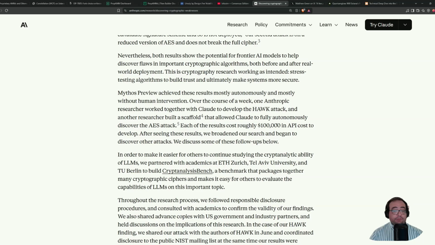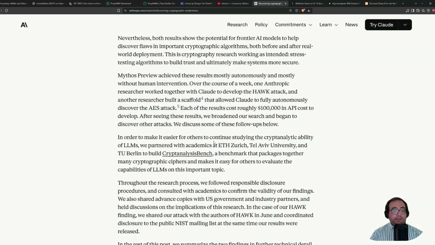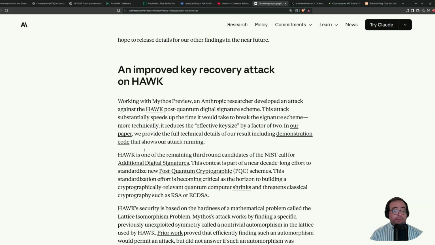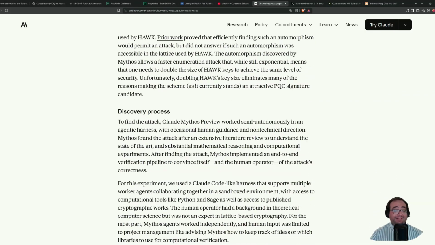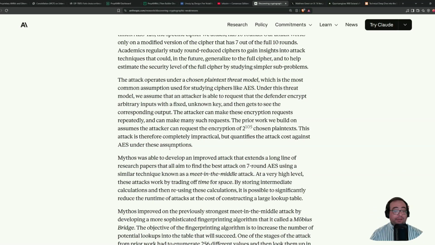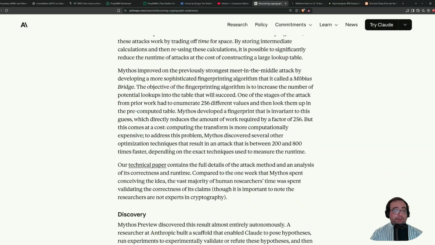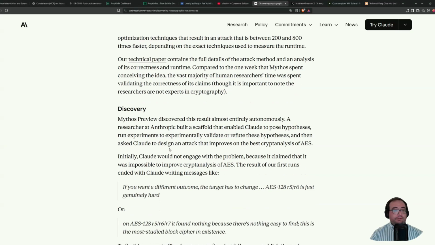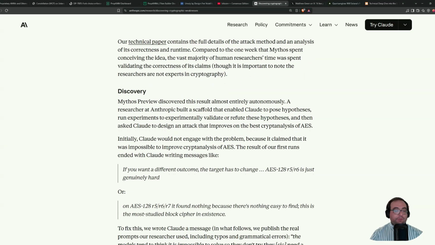So $100,000 in API cost, and all the setup and harnessing to get the agent up to speed. And it worked. For me, it was also crazy or interesting to see how, after setting up the agent and all the harnessing, the agent was basically going and kept going.